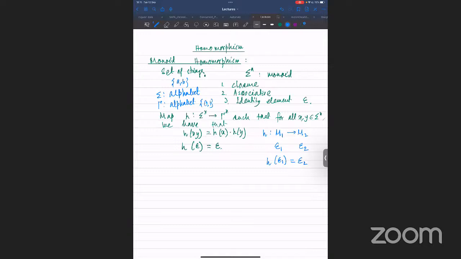But in this particular case, since both the monoids are sets of strings, we assume the identity element is epsilon in both cases. What was epsilon? It's the empty string. And given this, you can derive this. So how do you do that?